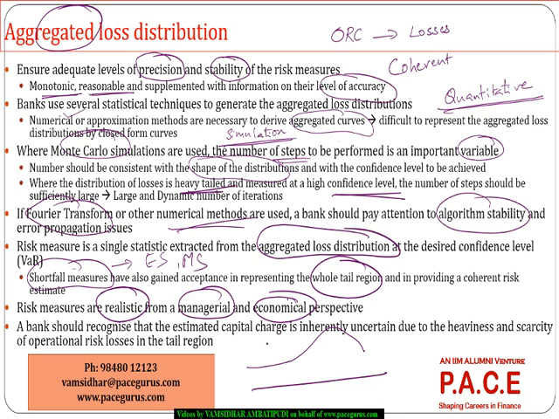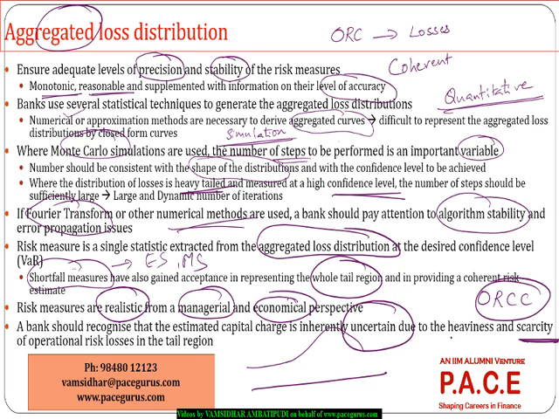But at the same time, the bank should understand that whatever the ORC risk capital charge it has computed, there is a lot of uncertainty associated with it. One, because of scarcity of data, because we have very few actual operational losses which have crossed a bigger threshold.